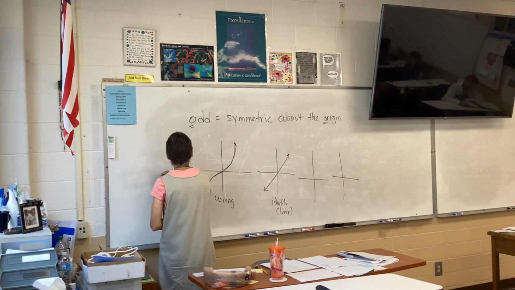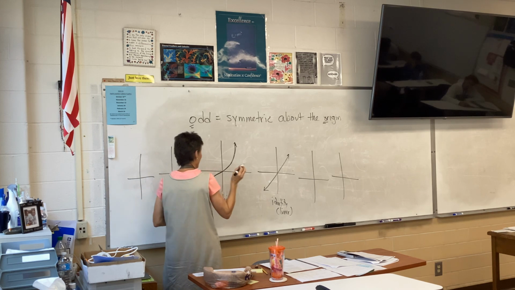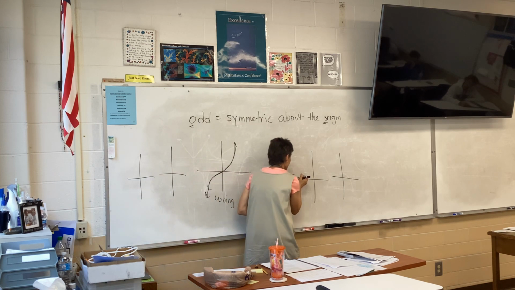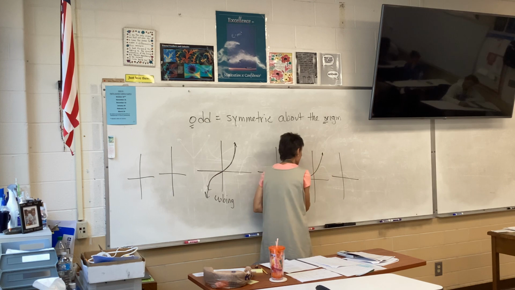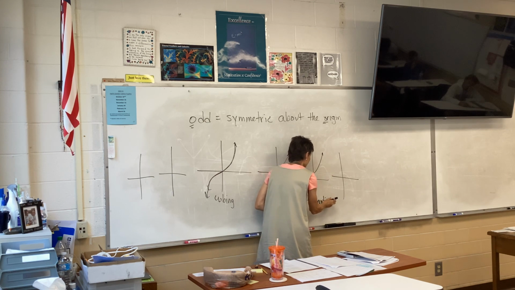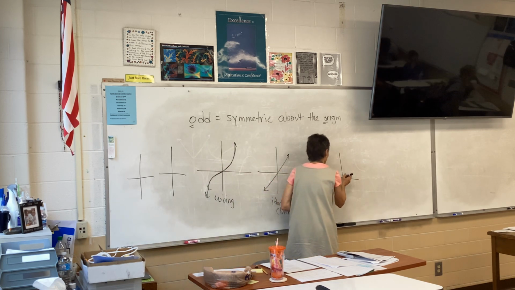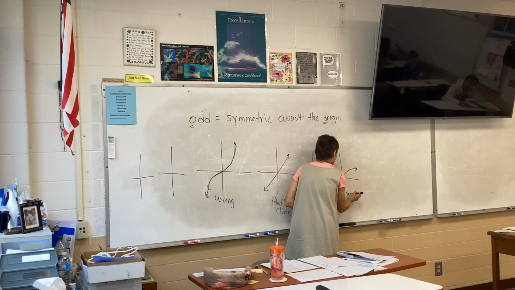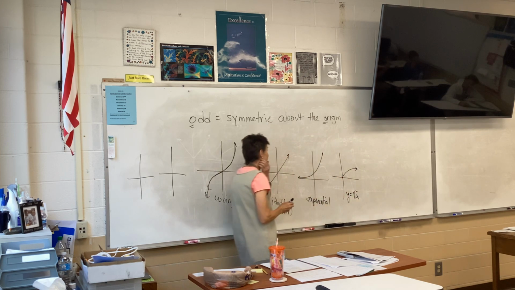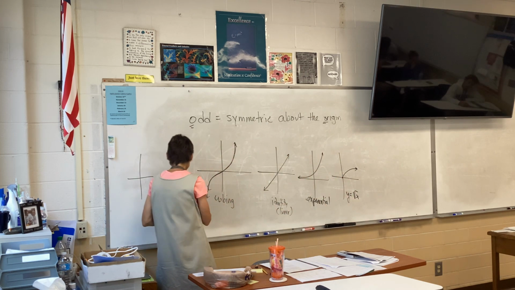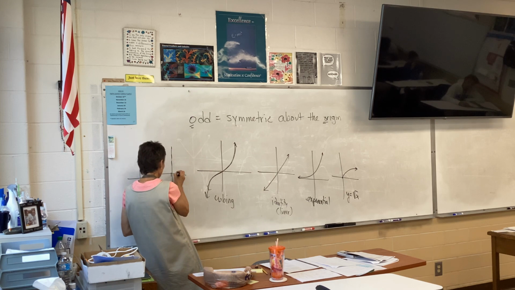Exponential? Oh, I love the exponential, because the exponential's the one that looks like this. It goes up the whole time, very good. Square root goes up the whole time, perfect. That's the square root function. Logarithm? The logarithm function has an asymptote here, remember?